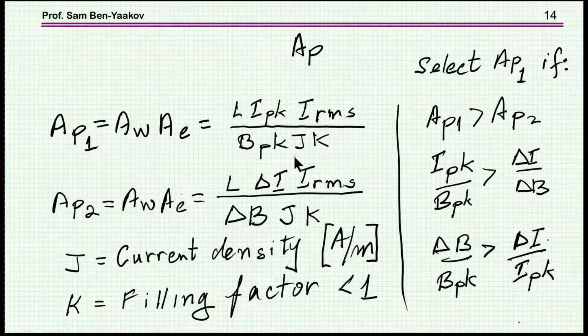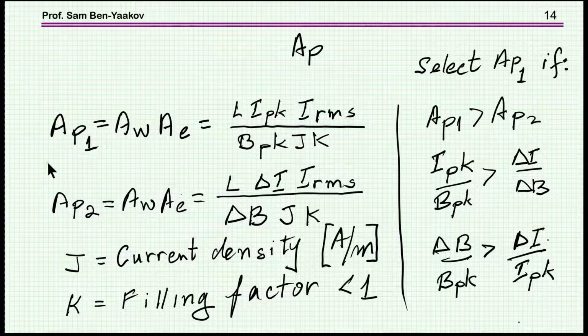And depending on the value of delta B and delta I, we can compare this to this, and dividing out all the common terms, we can find that AP1 is larger than AP2 if delta B over B peak is larger than delta I over I peak.